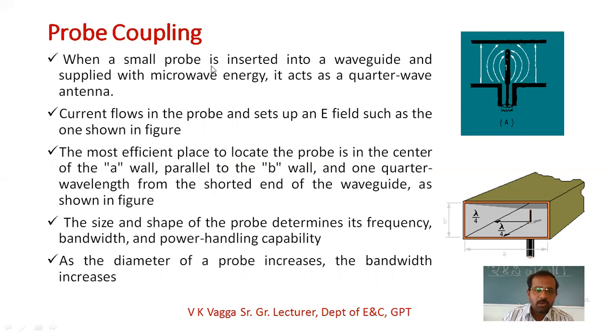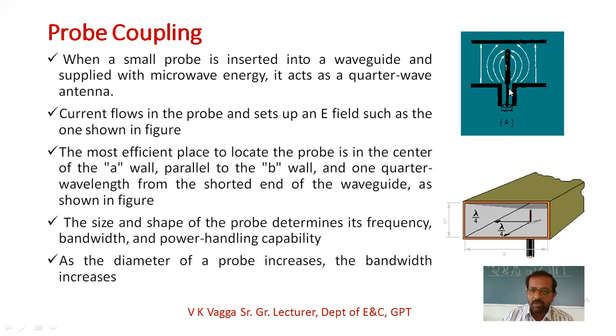When a small probe is inserted into a waveguide and it is supplied with microwave energy, it acts as a quarter wave antenna. Suppose this is the waveguide, and in the waveguide we insert the probe, the center wire of the probe.